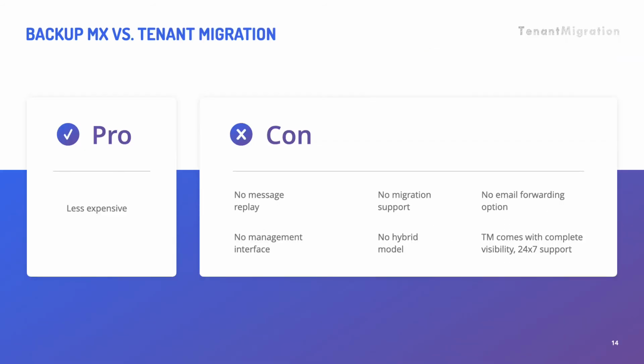It's definitely less expensive, but again, no message replay, no admin interface, no support for your migration, whereas we provide you complete visibility and the tools to be able to understand when your messages are being queued and how to release them.